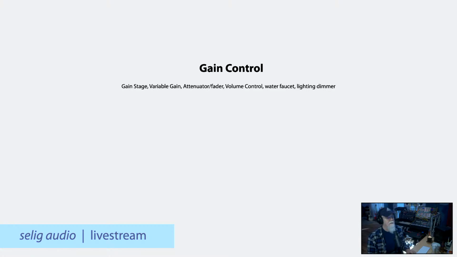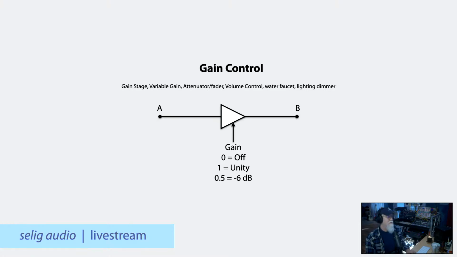The next thing is a gain control, also known as a gain stage. We still have the same A to B, and we still have the same 0 and 1 going from off to unity. But now we have every value in between, where half of the control signal would give you 6 dB down. So it's a voltage concept rather than a decibel concept.